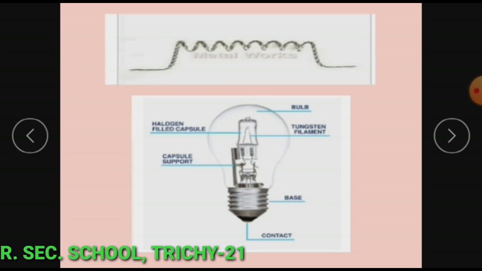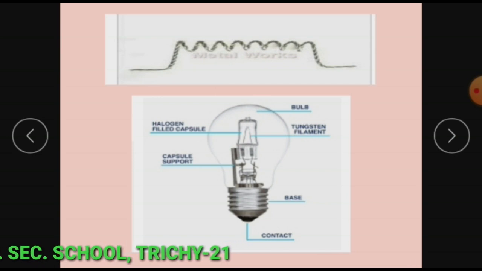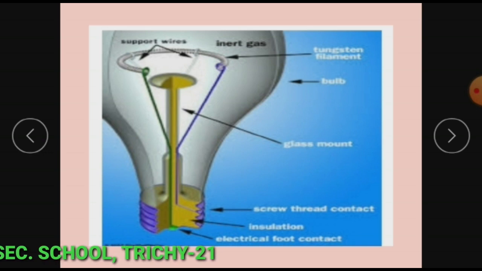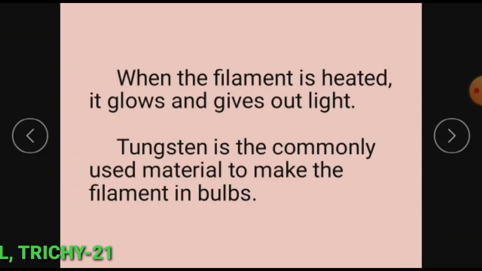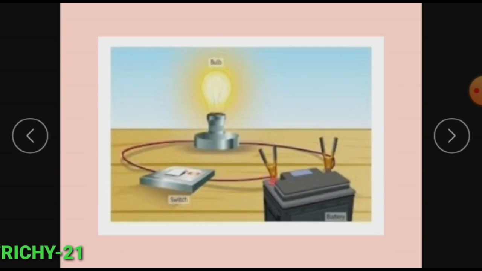When the filament is heated, it glows and gives out light. Tungsten is commonly used as a filament.